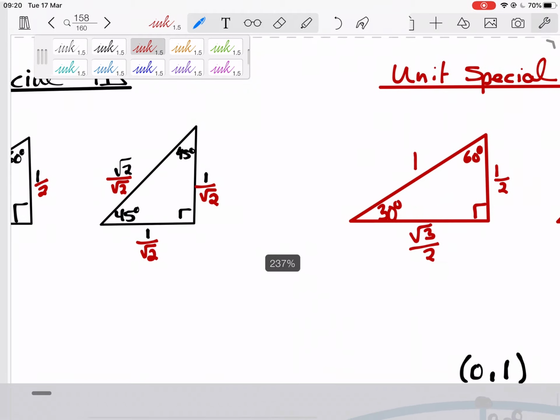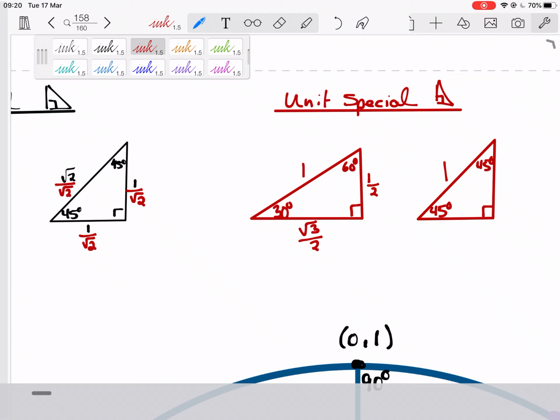So then over here, I now have my hypotenuse of 1. I don't want to keep the square root of 2 on the bottom, so I'll multiply by square root 2 over 2, so that I'll end up with a nice square root 2 over 2 for each side. So we're rationalizing those denominators.